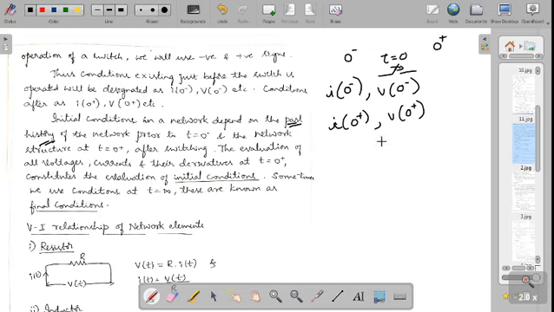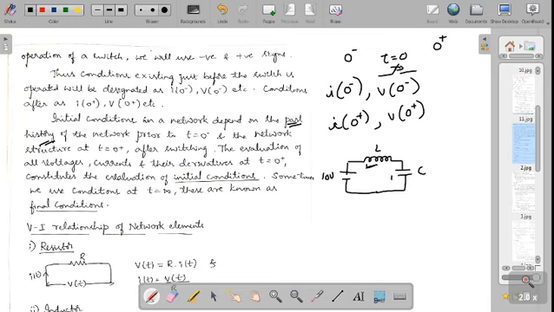For example, if there is a circuit with a power supply, let's consider 10 volts, and an inductor and a capacitor present in the circuit, we need to consider the past history of this inductor and capacitor.